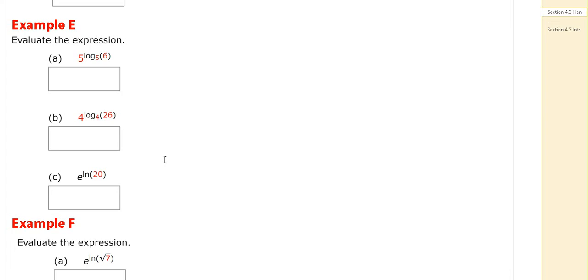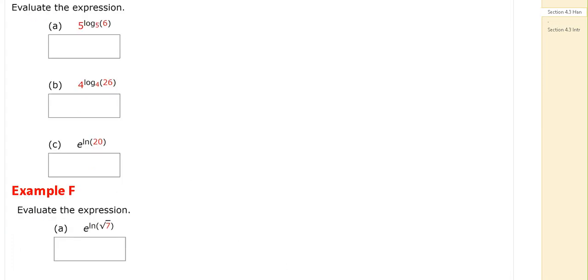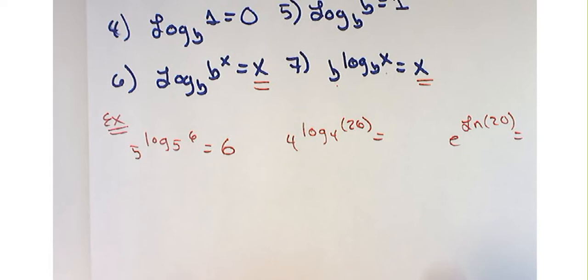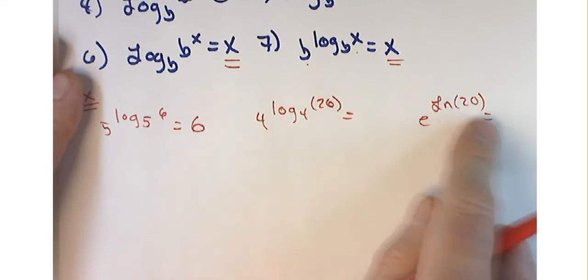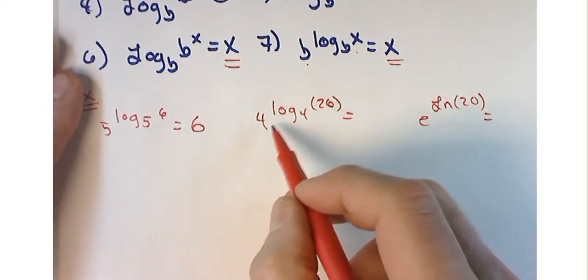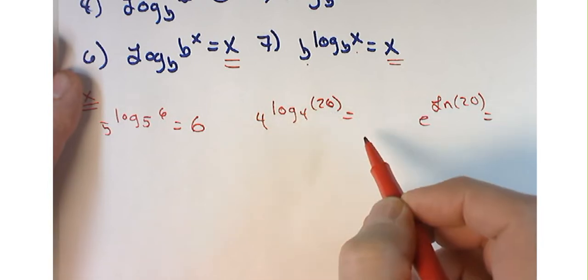So let's see if we can simplify that. How about the middle one here? That one's a little bit easier than the next one. What's 4 to the log base 4 of 26?